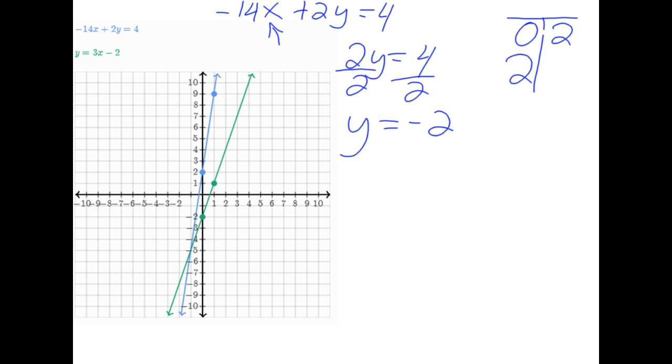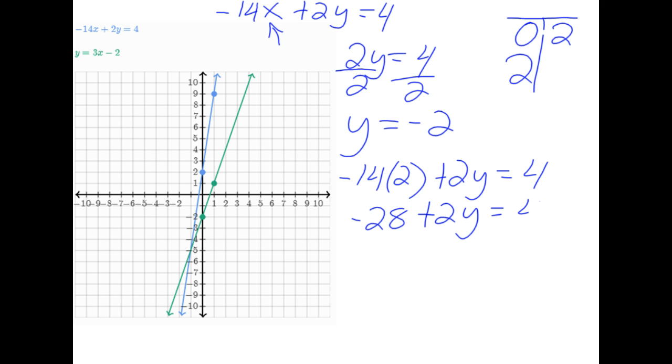We substitute a 2 into the equation, so it'll be a negative 14 times 2 plus 2y equals 4. The negative 14 times 2 is negative 28 plus 2y equals 4.